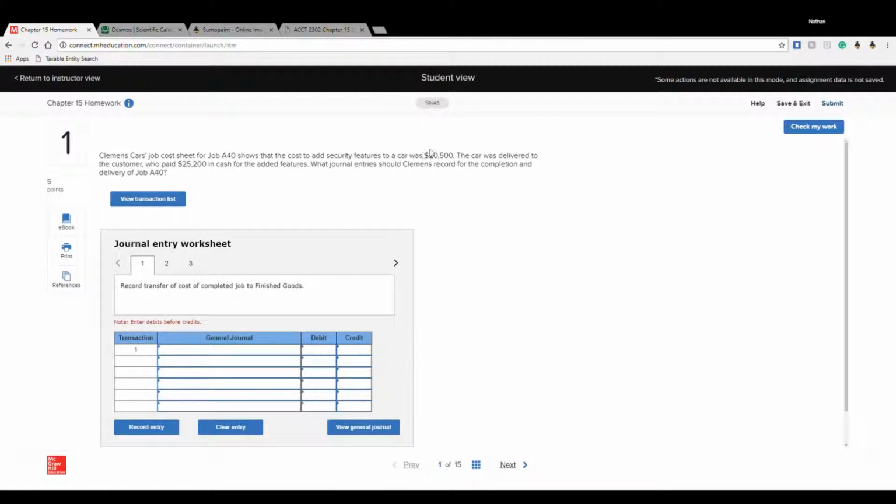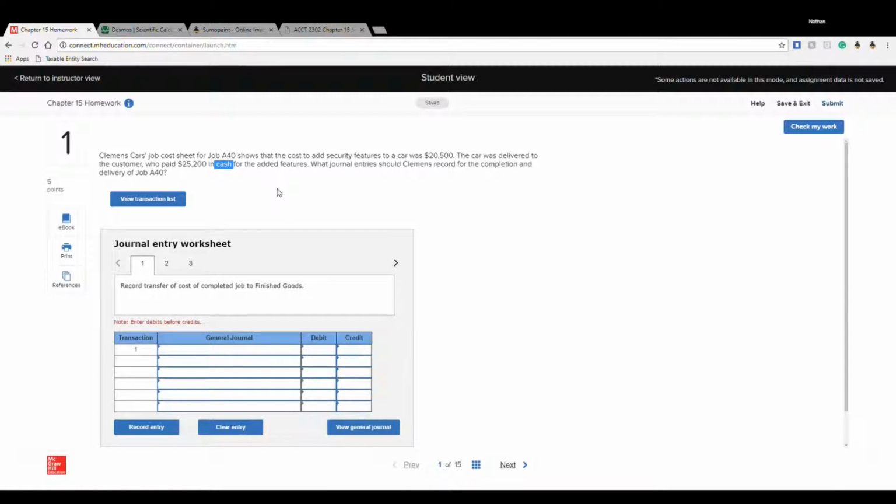So I already know the $20,500 is cost. The car was delivered to the customer who paid $25,200 in cash for those features. So there's our sell. What journal entry should Clemens record on the completion and delivery of job A40?